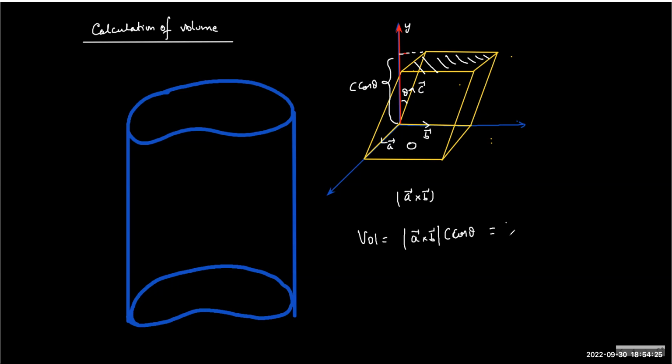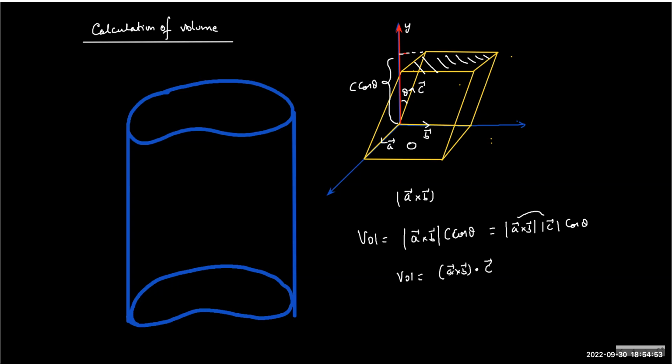And if you look carefully, this is A cross B, mod of C cos theta. So these two are like a dot product. So volume is nothing but A cross B, the first vector, dot second vector C, because the angle between A cross B and C is actually theta.